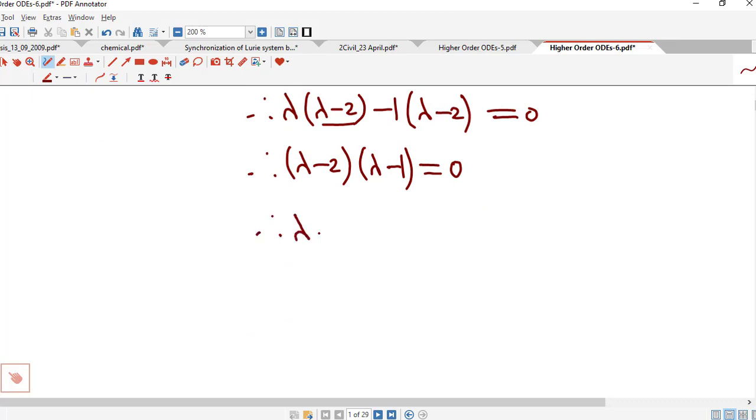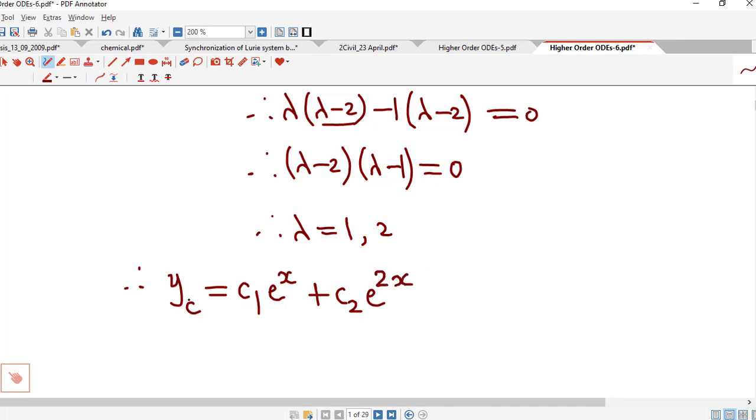to 0. Therefore lambda equal to 1, 2, and therefore the complementary function is c1 e raised to x plus c2 e raised to 2x. So this is the complementary function.